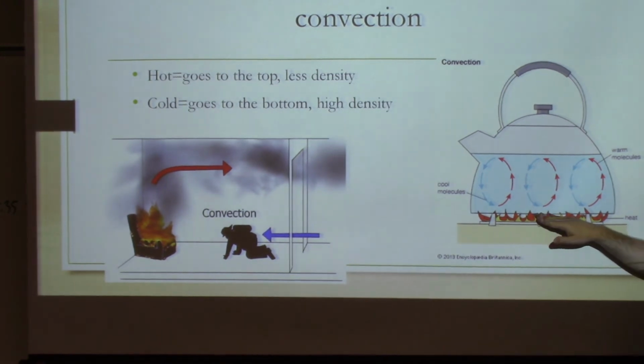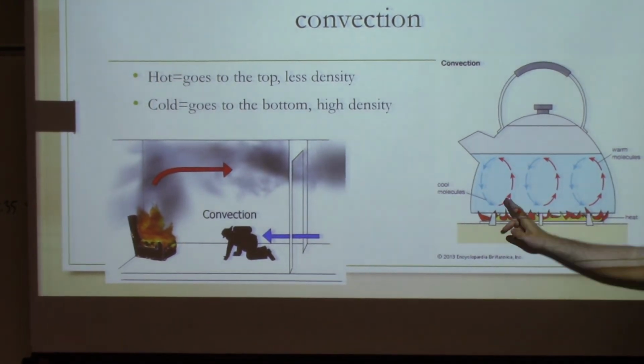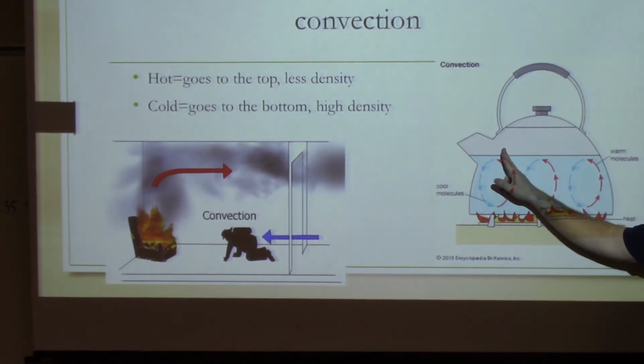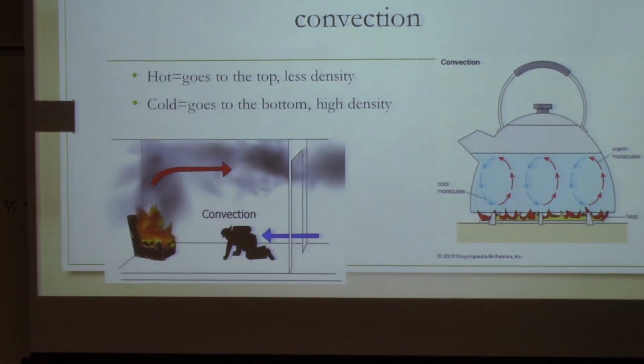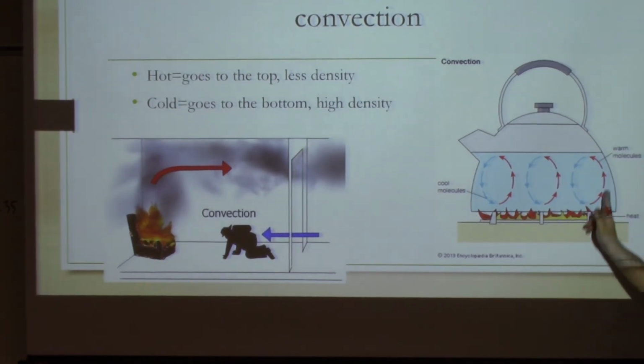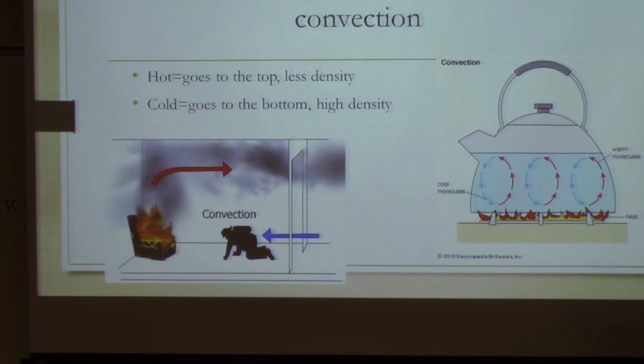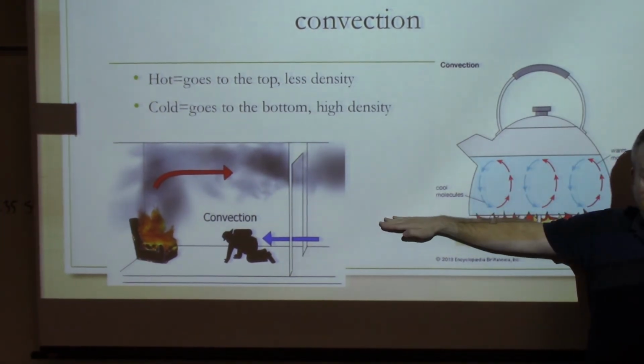Okay? When you're boiling something, again, you're going to have the warm ones move up and the cold ones move down. That's why it's even. That's why if you measure the temperature here, here, here, it's going to be the same. It's because those moving currents make everything have an equilibrium. In the ocean, you have the hot on top, the cold on bottom. Okay?